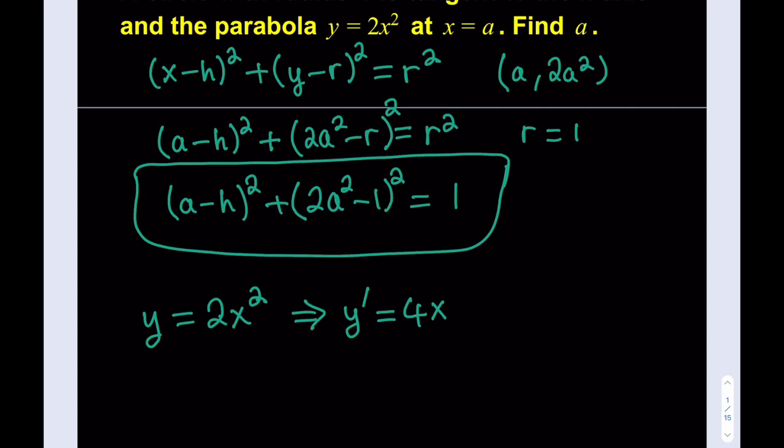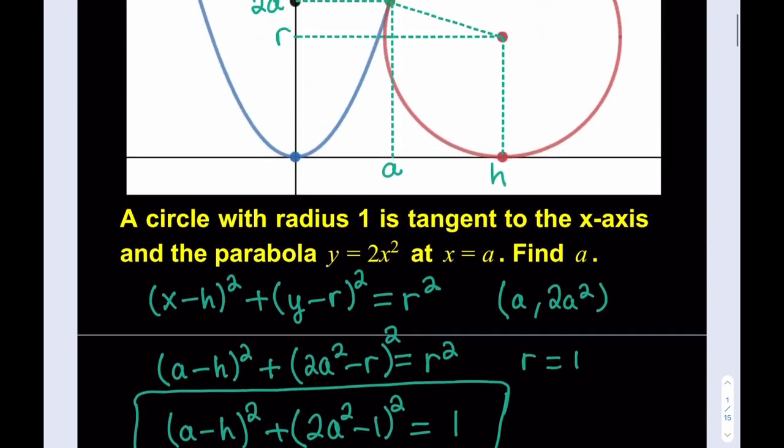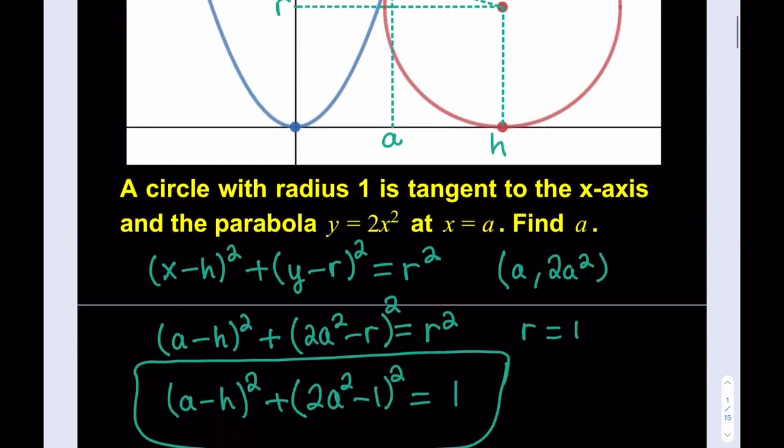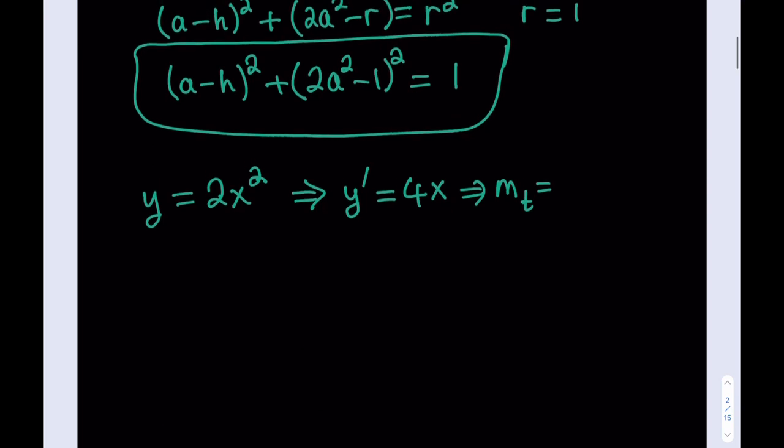So the derivative of 2x squared is 4x, but to find m tangent, let's call that m sub d, I need to plug in the x value. And the point of tangency is a. Remember that? (a, 2a squared). So I need to plug in a for that. So the slope of the tangent is going to be 4a at that point. Beautiful. So this is the slope of the tangent from the parabola's perspective.